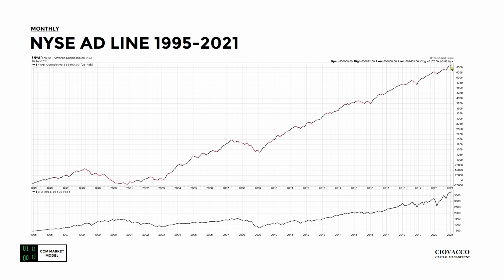This is the monthly NYSE advanced decline line, end of February. Last day of February, it made a new high. That is significantly different from this period here, where it peaked 2 years before the S&P 500. It peaked in 1998. The S&P 500 peaked here in March of 2000. Similar situation here. It peaks early. It peaks in the first half of 2007.